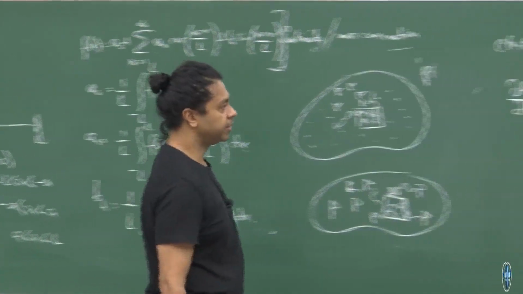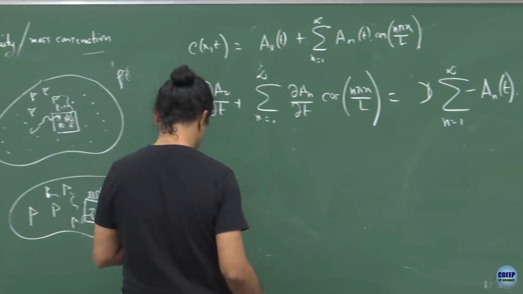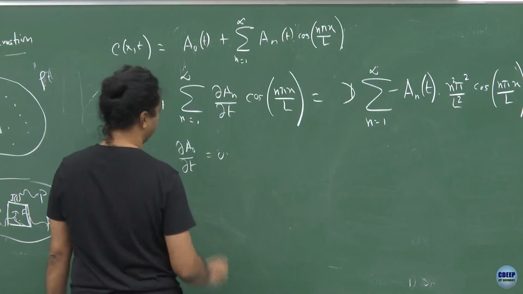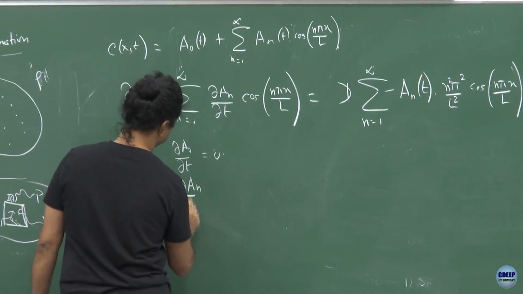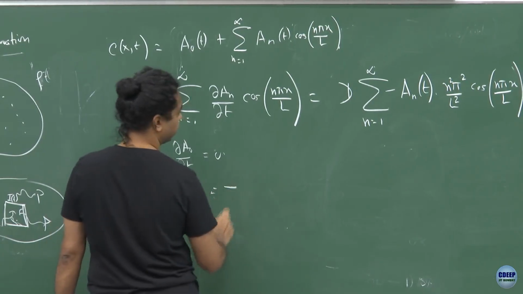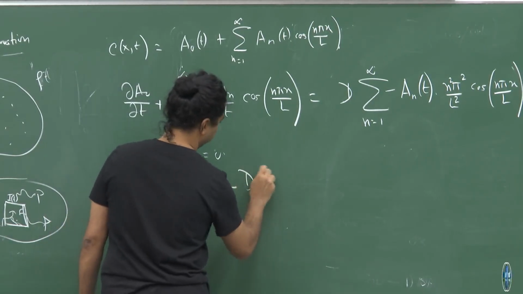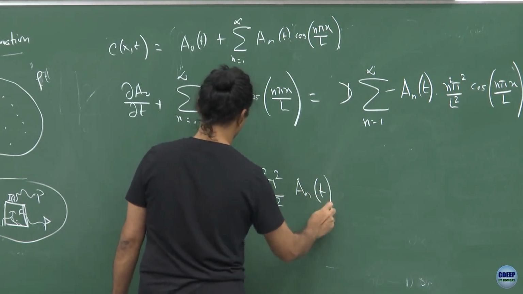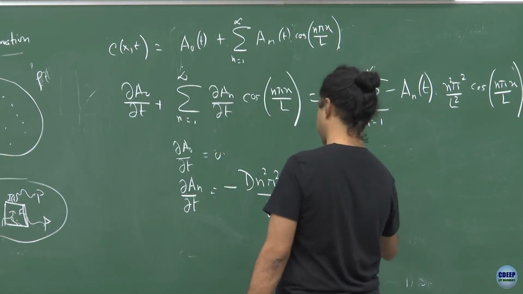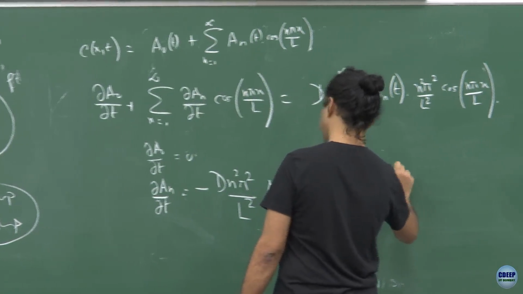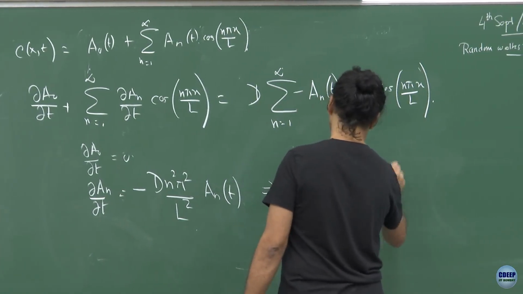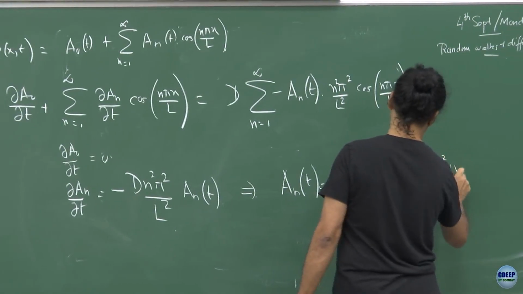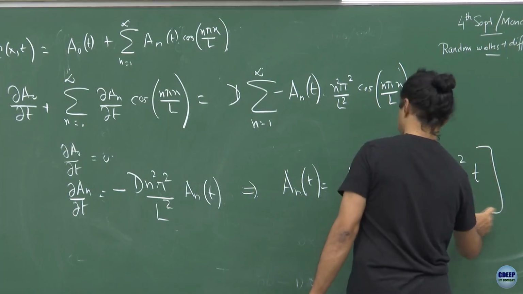Now, you can solve this order by order for every a n. What this tells you is that del a naught del t is 0 and del a n del t is minus D n square pi square by L square a n of t, right, which means you have a n of t equal to a n of 0 times exponential of minus D n square pi square by L square times t, right.